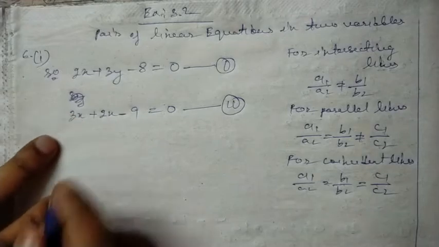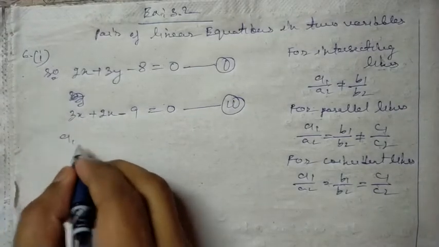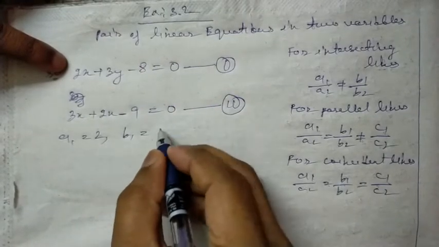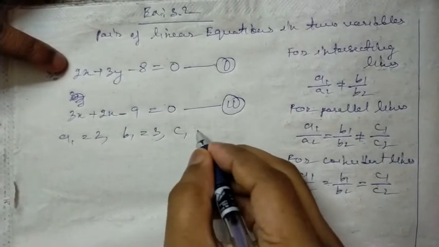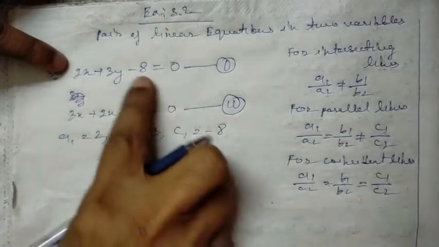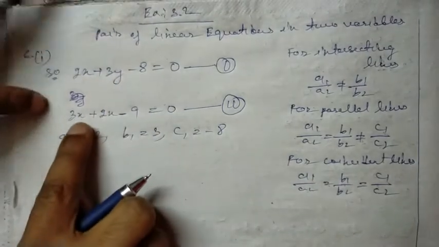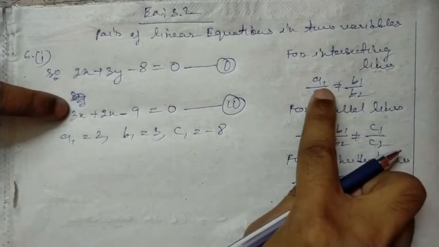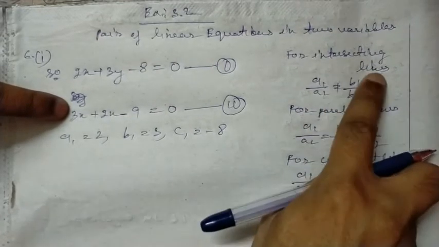If I take this equation, see here, a1 would be 2, b1 is equal to 3, and c1 is minus 8. I have taken this one as equation 2, as we know the two ratios will not be equal for intersecting lines.